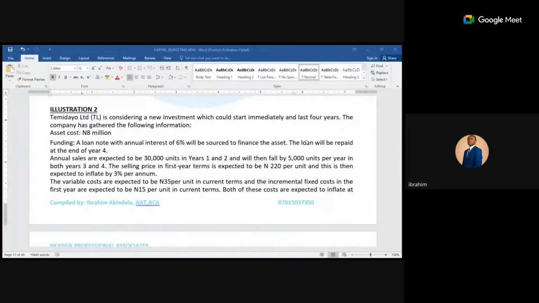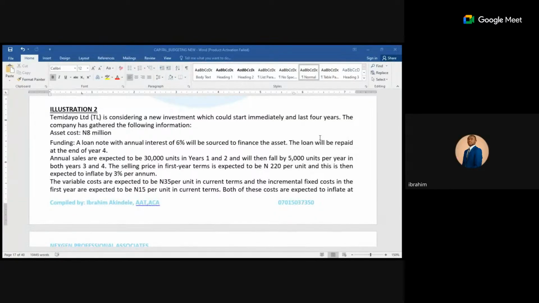Annual sales are expected to be 30,000 units in year 1 and 2, and will then fall by 5,000 units per year in both year 3 and 4.